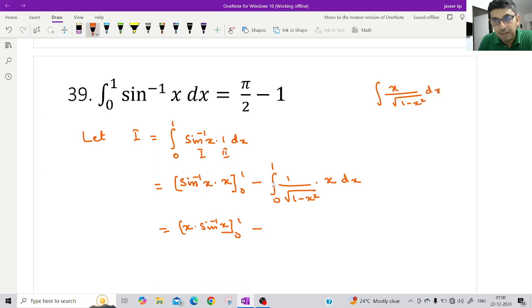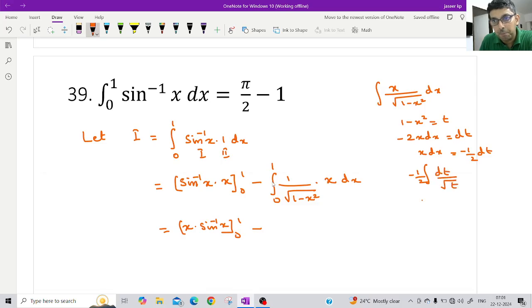If I take 1 minus x square equals t, so minus 2x dx will be equal to dt. So that means x dx will be minus 1 by 2 dt. So it will come as integral of minus 1 by 2 dt by root t.